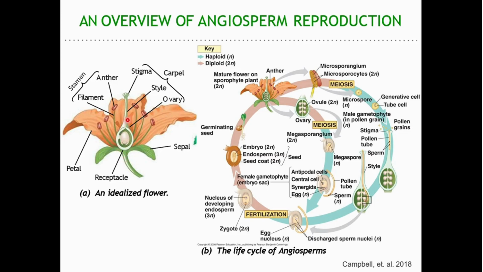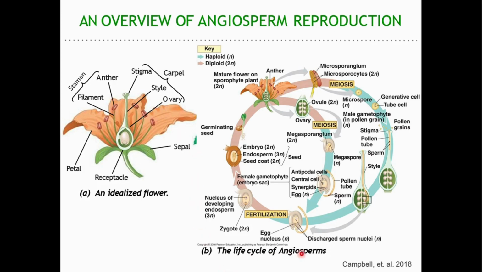And then the middle part, this whole structure is called carpel, consisting of the top, which is stigma, and then style that is connected to the ovary. And then this whole structure is called stamen, consisting of a filament and anther on the top.